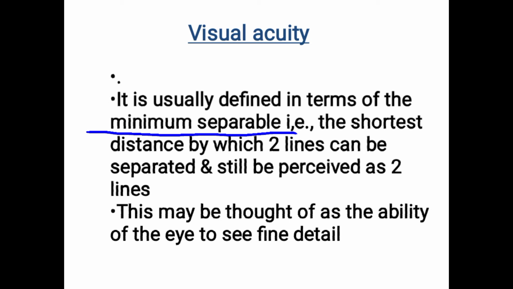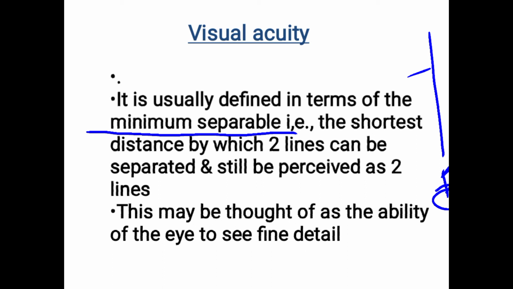For example, a railway track has two lines. If you are standing here, you can easily make out there are two strands.